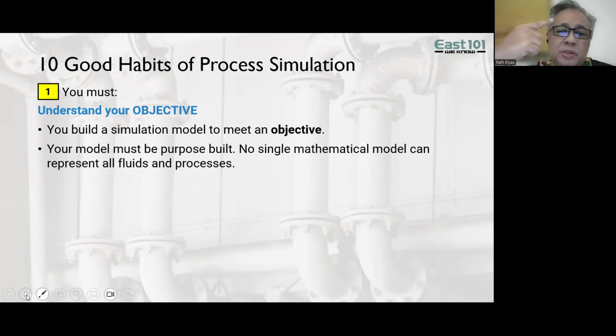There's no one single mathematical model that's going to represent all kinds of fluids and all kinds of processes. As a chemical engineer, let's say you're working upstream oil and gas production, you might need to work with oils and gases. You might be sizing compression trains. So you might be working with paraffins, methane, ethane, propane, etc. Non-polar components, which are primarily going to be in gas phase, with minimal liquid phase activity.